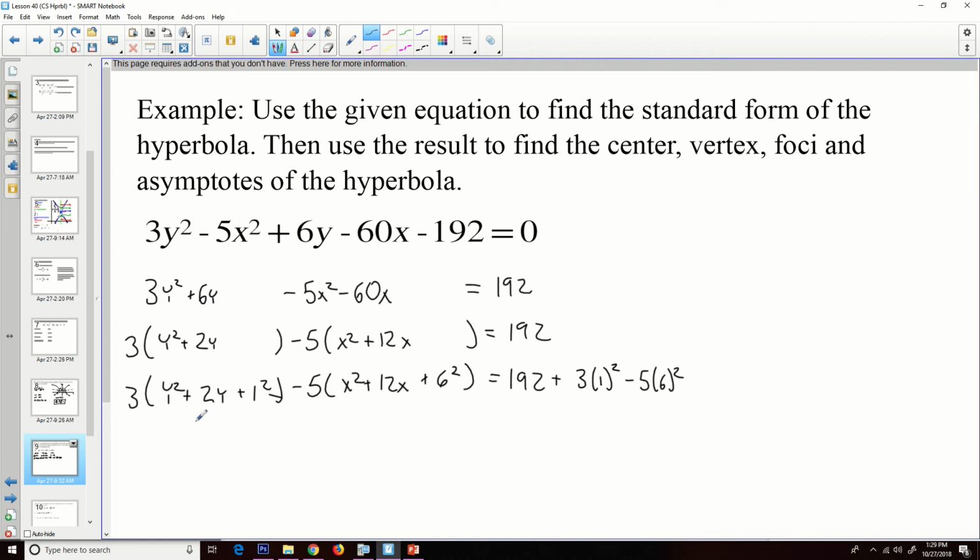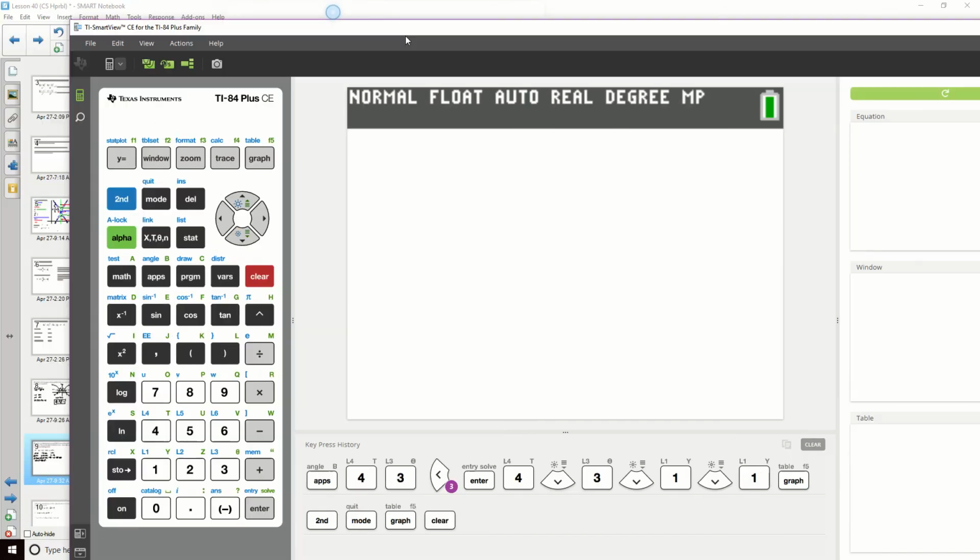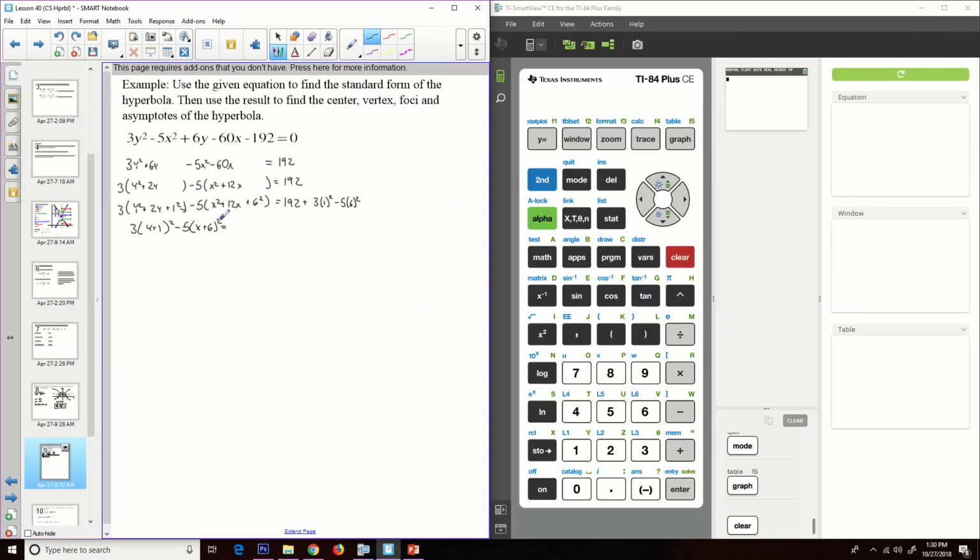And so on this side, I have two perfect squares. Oops, I screwed that up. It's a perfect square, so let's do this right. It is y plus 1 quantity squared minus 5 times x plus 6 quantity squared equal to... All right, so I've got 192 plus 3, let's just grab the calculator and do that real quick.